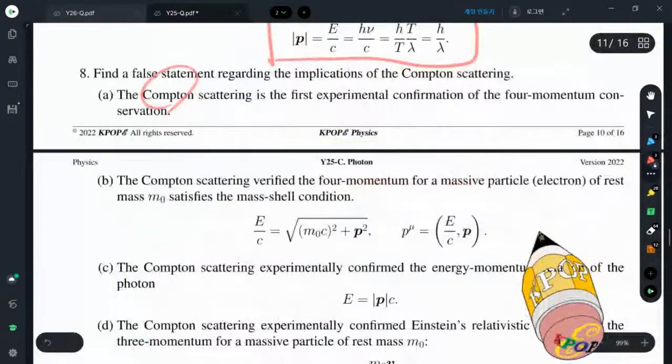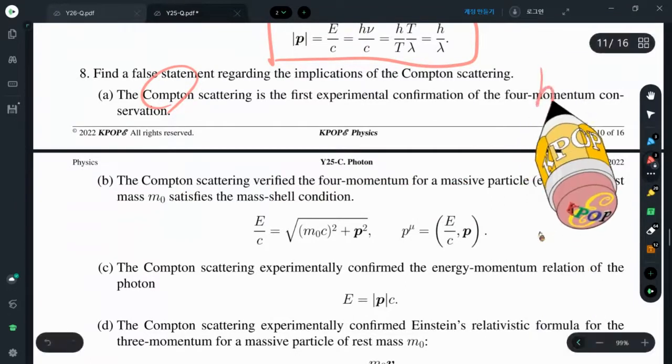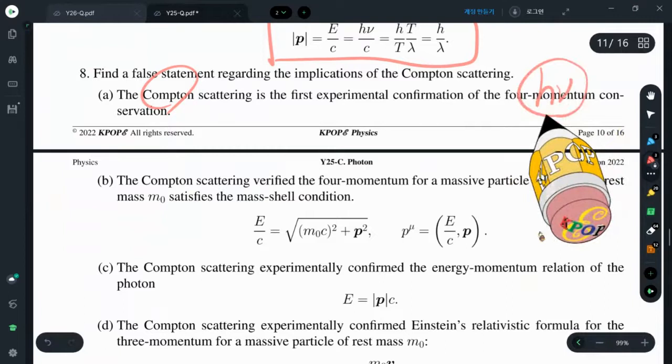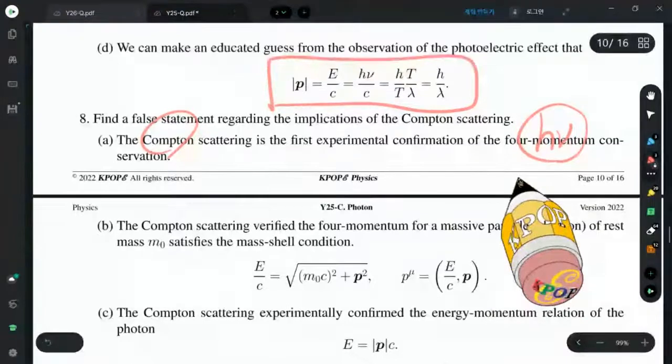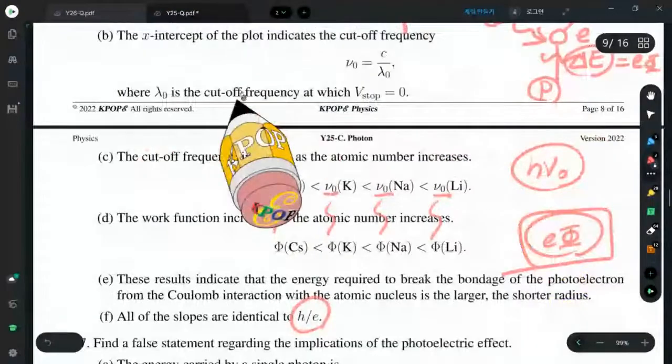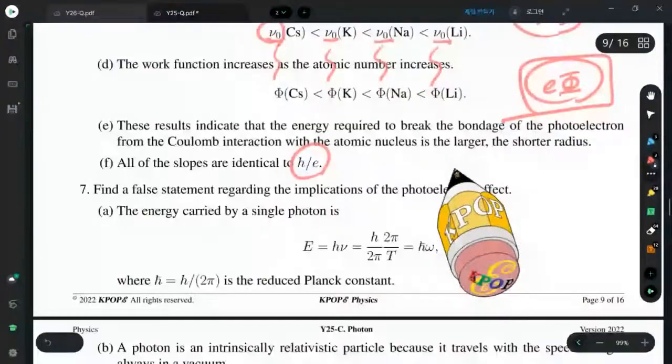When X-ray is used, the binding energy of the electron can be negligible because the h nu of an X-ray is much greater than what was used to study the photoelectric effect.